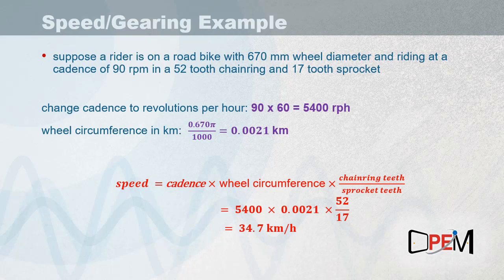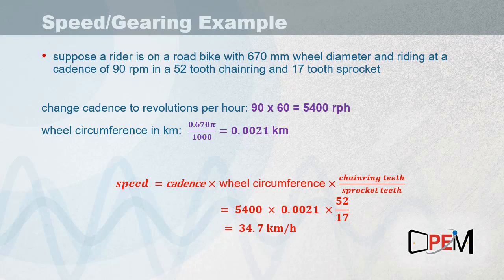Now finally, we can apply that formula on the previous slide that tells us that the speed will be equal to the cadence, 5,400 revolutions per hour, times the wheel circumference, 0.0021 kilometers, and then times the ratio of chainring teeth to sprocket teeth, 52 divided by 17.